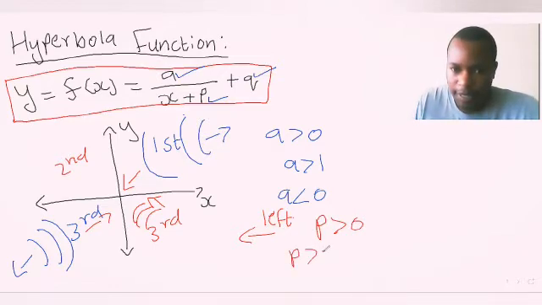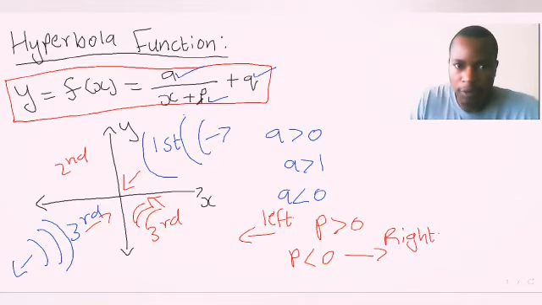If P is less than 0, so that's a negative P, you are therefore shifting your graph to the right. So P would be a horizontal shift.